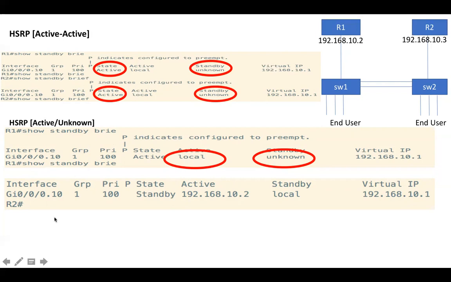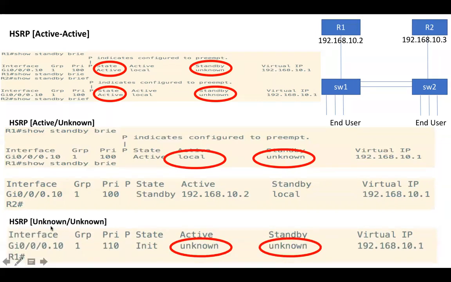Let's discuss another case, HSRP unknown unknown. We may see a scenario where both R1 and R2 or one of them is saying active is unknown and standby is also unknown. As per this output, R1 is saying active is unknown, also standby is unknown, right?